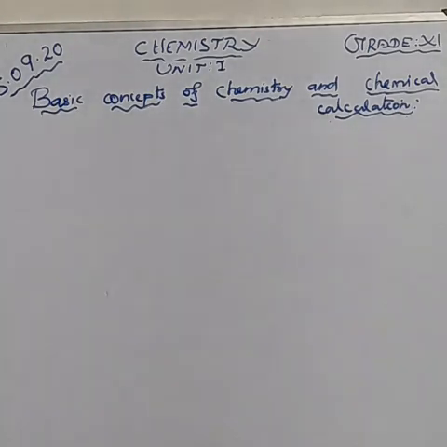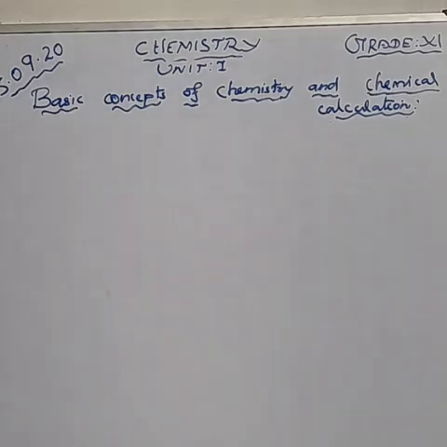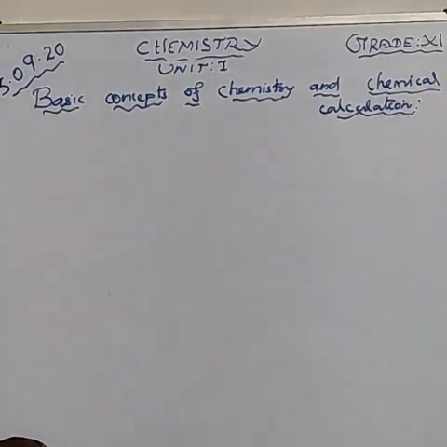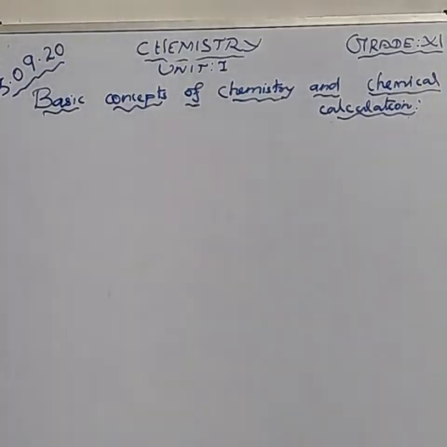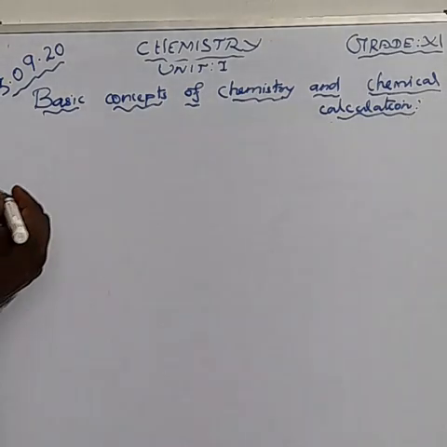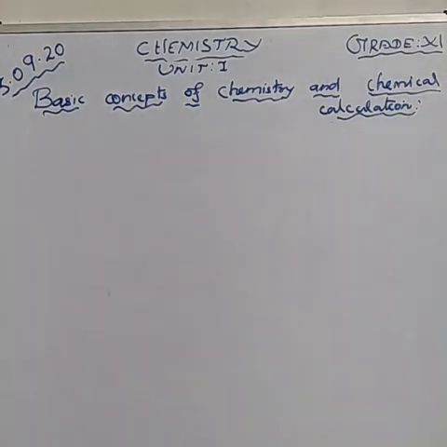The first question: how many moles of hydrogen are required to produce 10 moles of ammonia? For that, we need the balanced stoichiometric equation for the formation of ammonia.